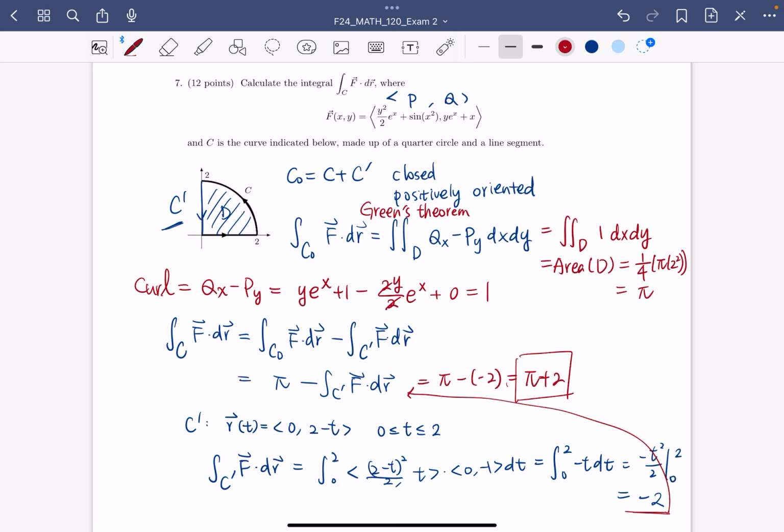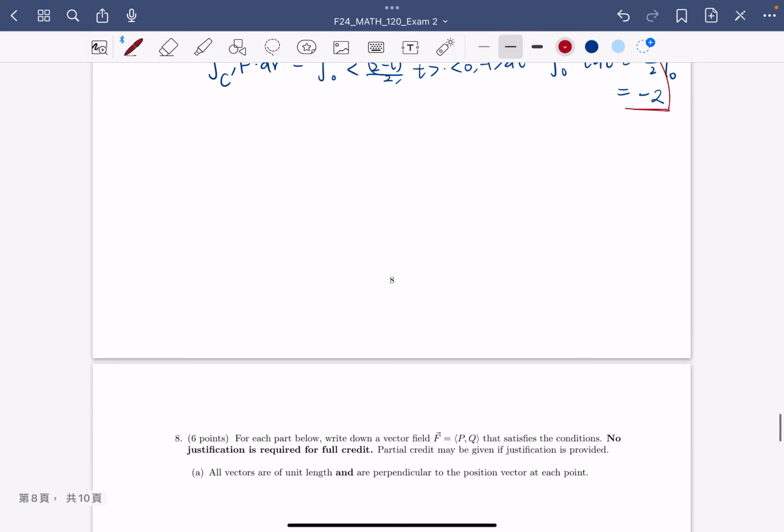For a complicated vector line integral, we could sometimes use Green's theorem to avoid some line integrals that we don't really compute by converting the problem into an area integral, and maybe a simpler vector line integral like the one here. Okay, so let's move on.